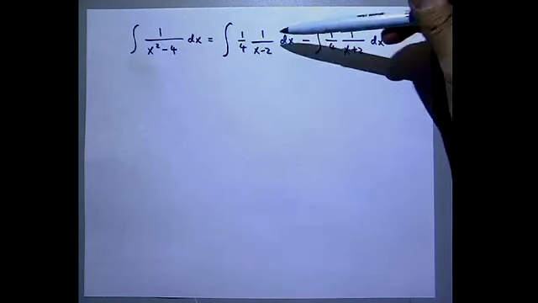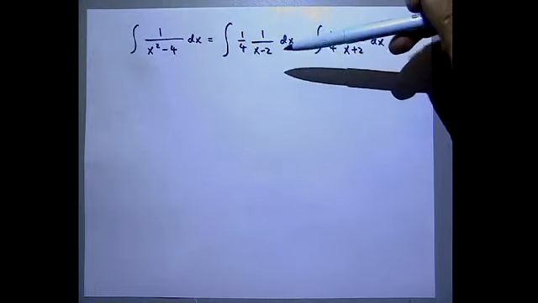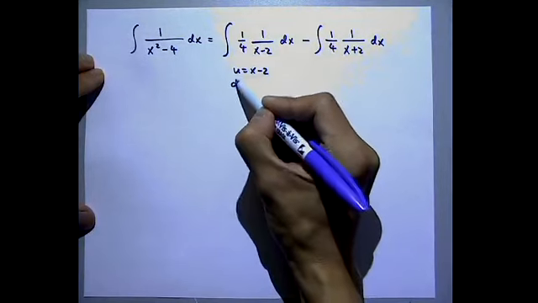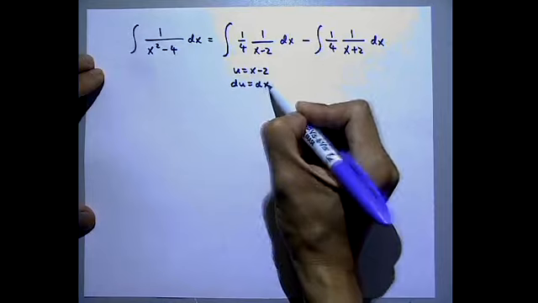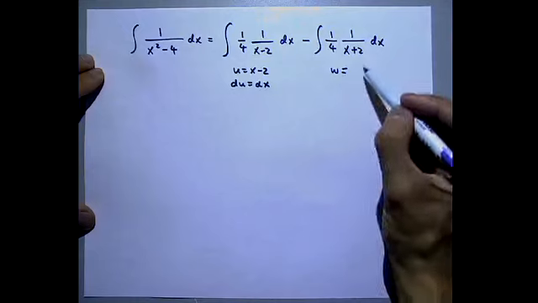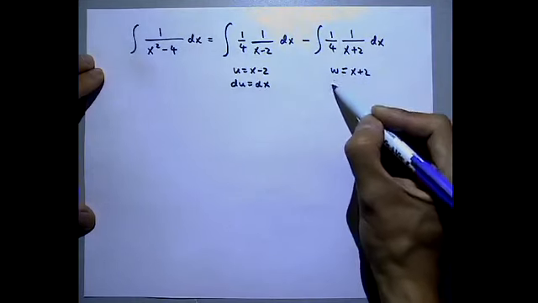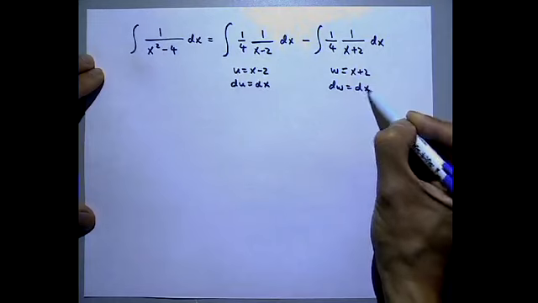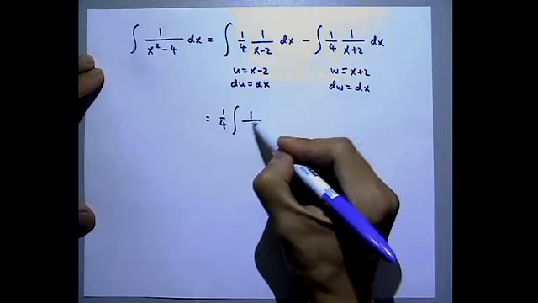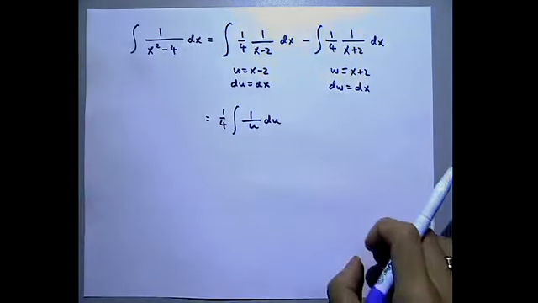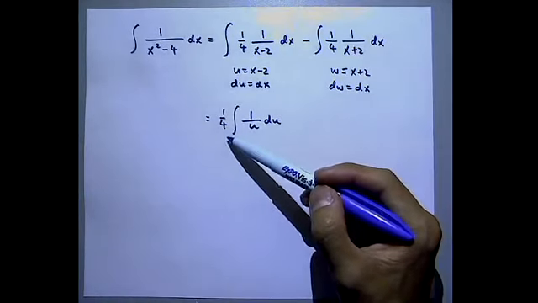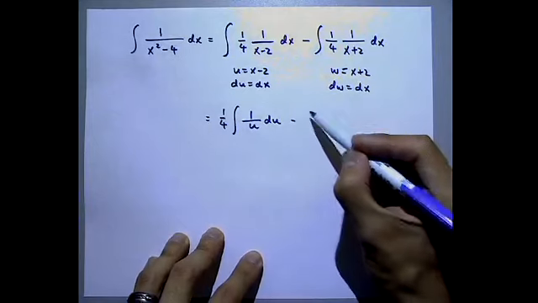Okay, and let me show you how to do this by substitution in case you forgot how to do it. Second one, I don't want to reuse u. I'll use w for the substitution. The first one is, of course, 1 over u du with a 1/4 taken out to the front. Second one, same thing.